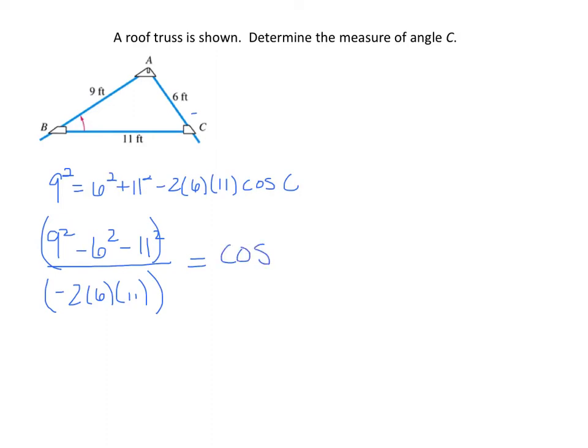That's going to give me the cosine. Once I get that decimal for cosine, I do inverse cosine of that answer, and I find that angle C is equal to 54.574 degrees.